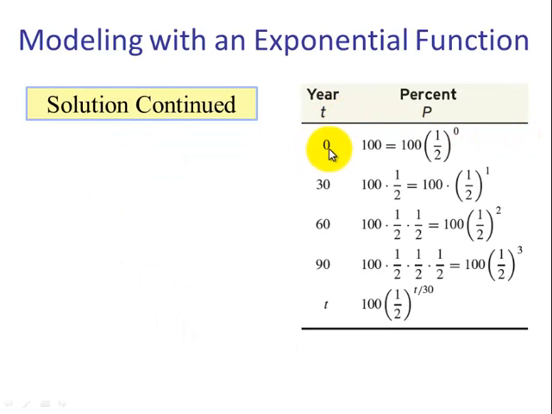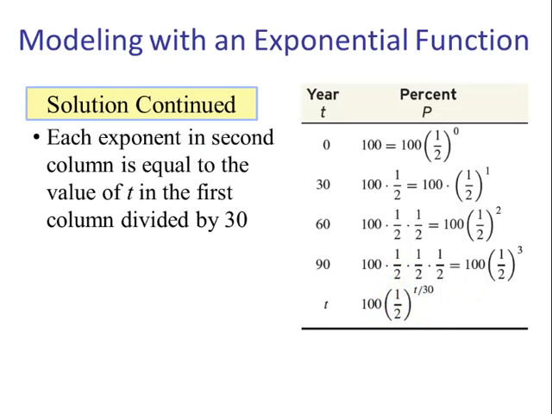So here's our table of values. Here's the years, and the dependent variable is the percent. So we have 100%, 50%, 25%. So A is our initial value. We had 100% to begin with when T is 0, and for every 30 years the amount is cut in half.